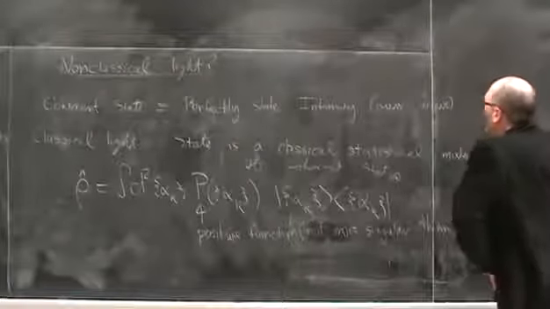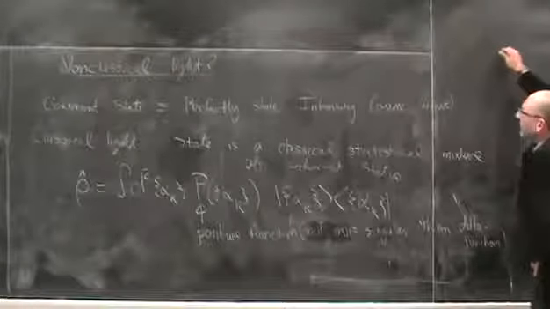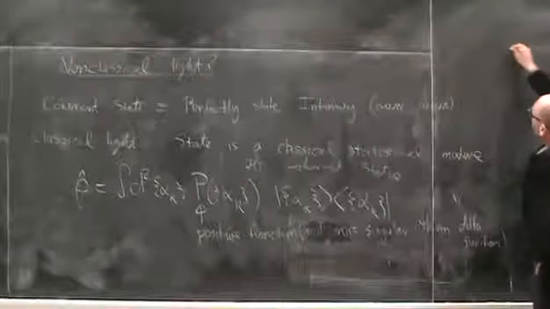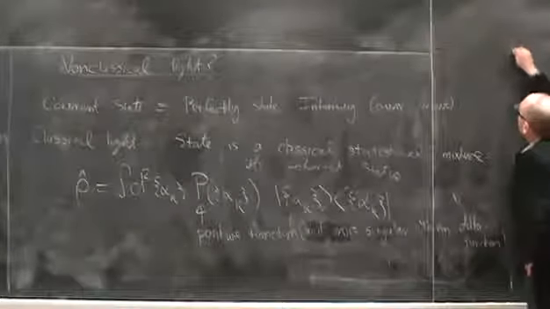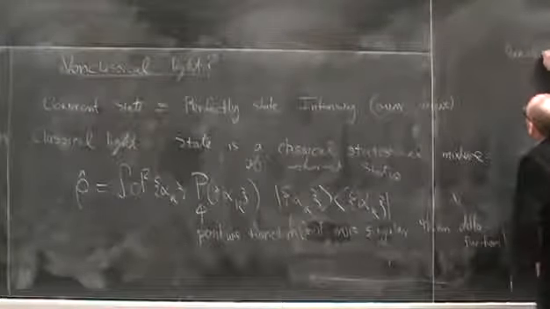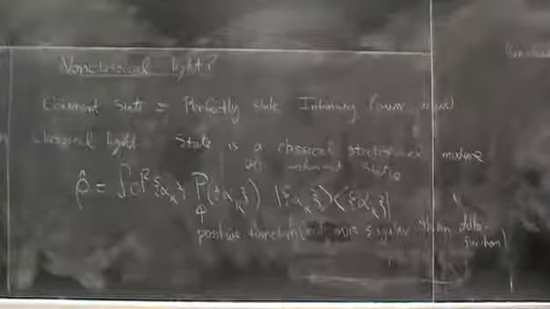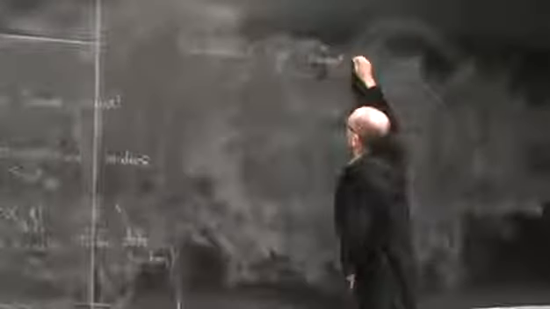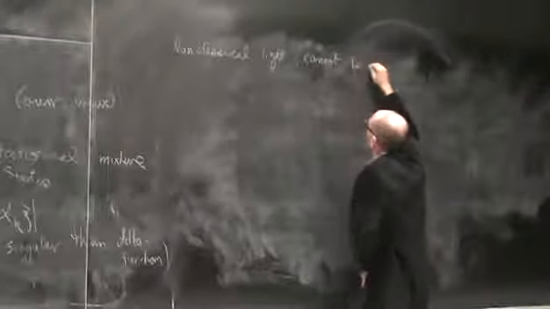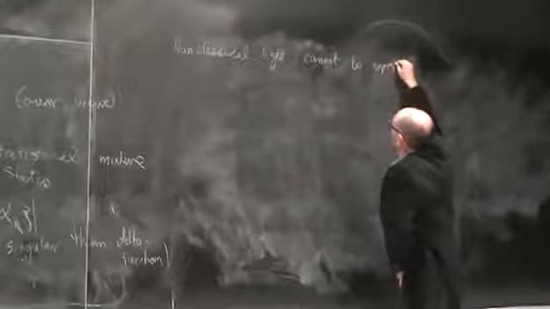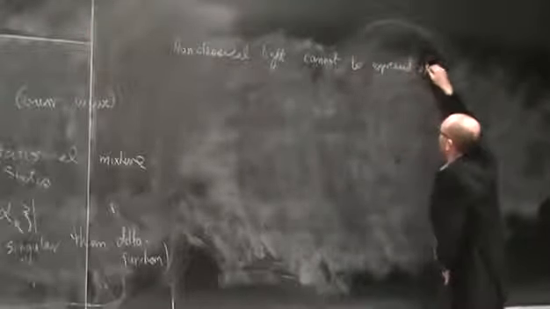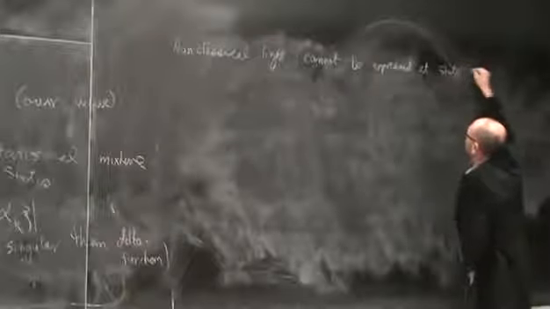And so light is non-classical, we're going to call it non-classical light, if it cannot be expressed as a state of this form.